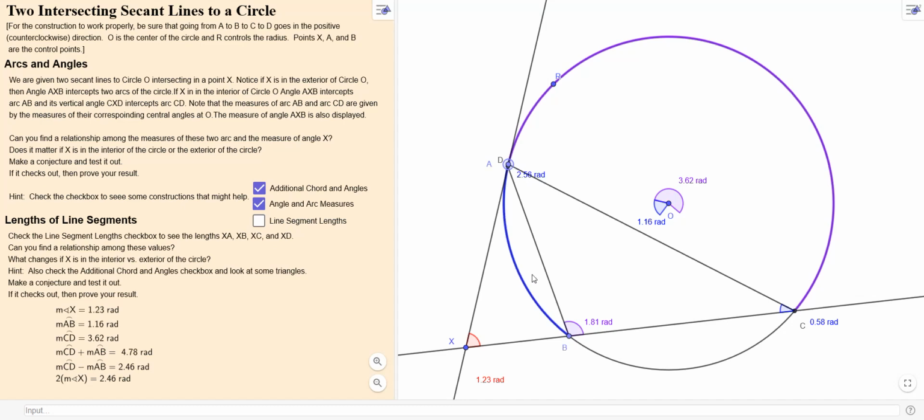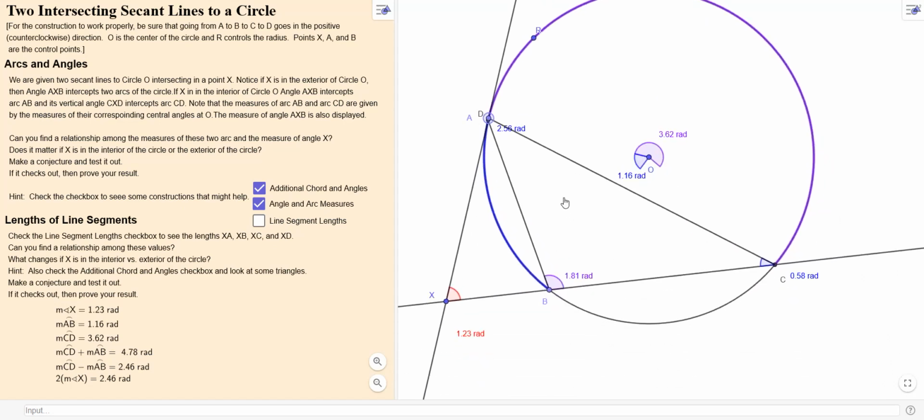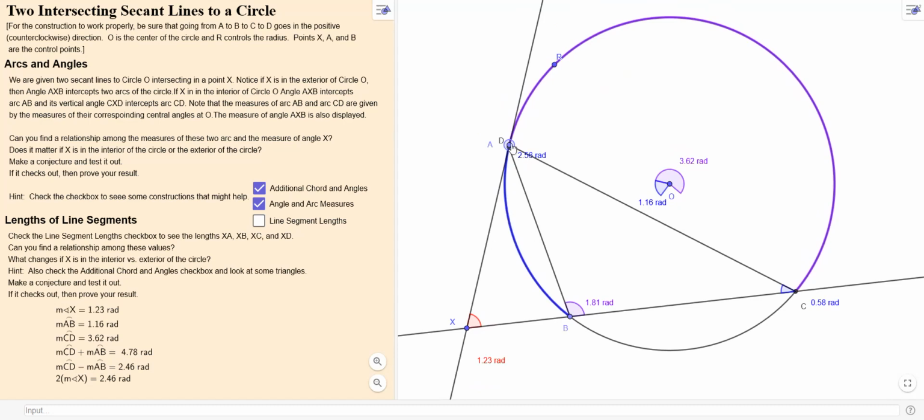Now what happens is you should get basically the same result. You do this arc minus this arc. It's just that A and D are the same point.